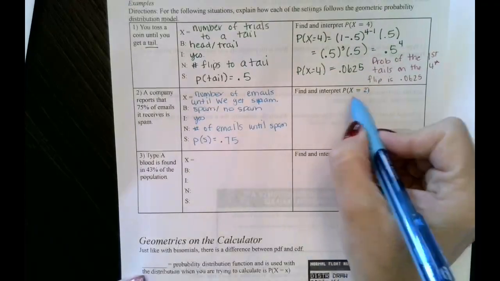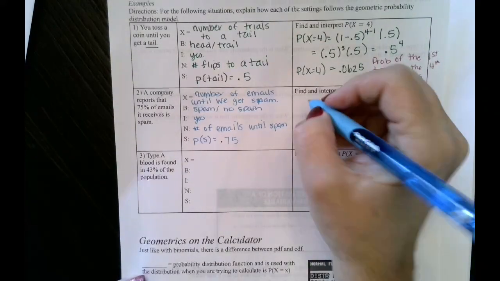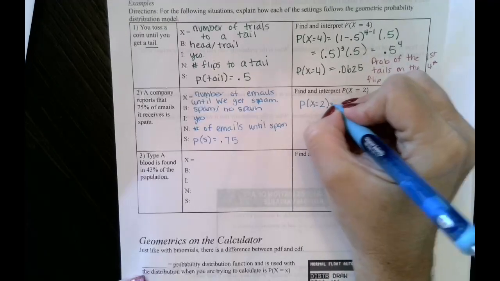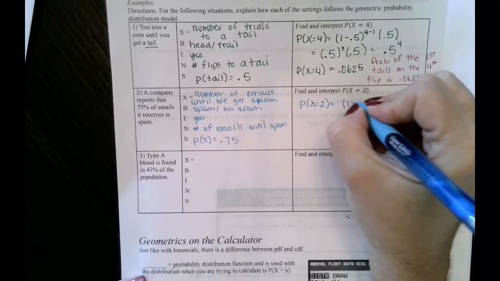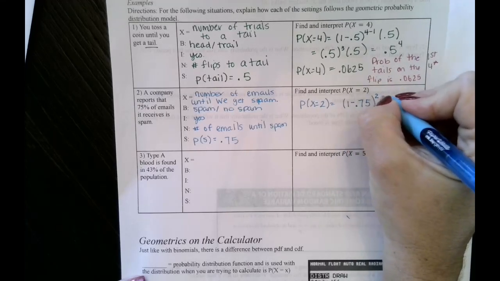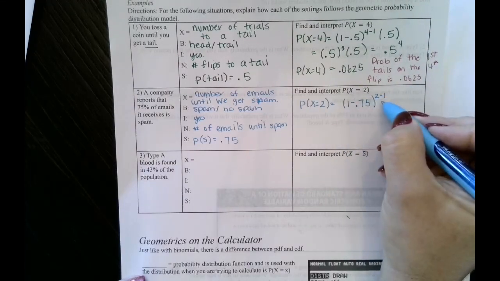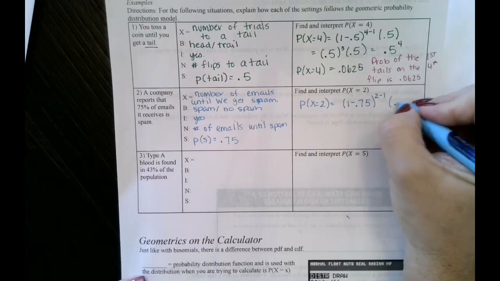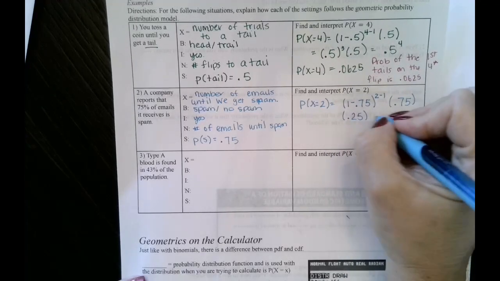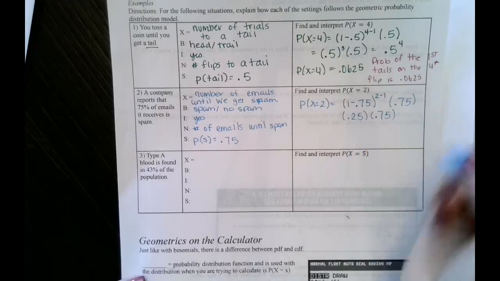This says, find and interpret x equals 2. So the probability of x equals 2 is going to be 1 minus 0.75 to the 1 power, since it's 2 emails minus 1, times 0.75. This is an easy one to just see. You have 0.25 times 0.75. That's how this simplifies.